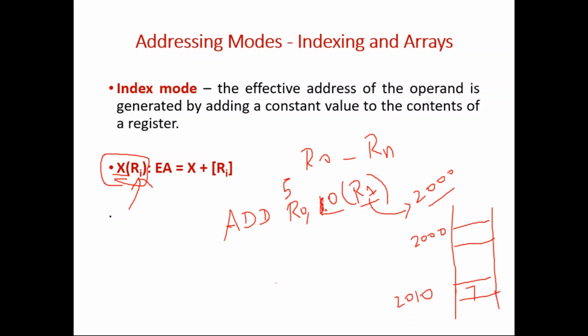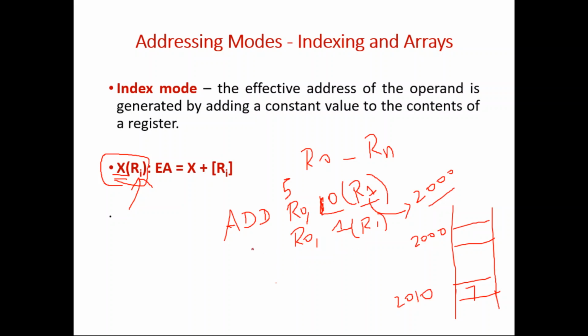Then I will say add R0 comma 0 comma R1, that is the content of 2000 will be added with R0. Then the next instruction I will say add R0 comma 1 comma R1. Now what will happen? R1 is 2000. The value at 2000 plus 1, that is 2001, the value at 2001 will be added with whatever the content of R0.